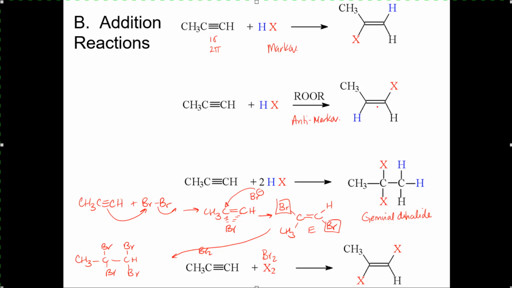So if I added an HBr to this molecule, I would get a mixture of adding the bromine to this carbon and also adding the bromine there. So that gets really messy as we add more than one equivalent of HBr in anti-Markovnikov addition. So with the addition of just a second pi bond, that means we can do twice as much stuff here.